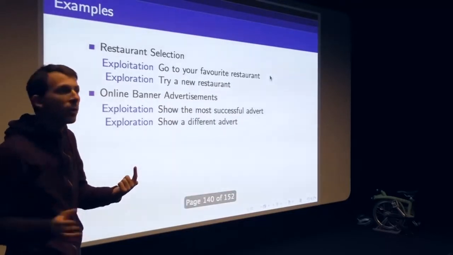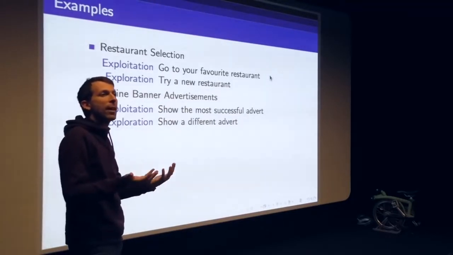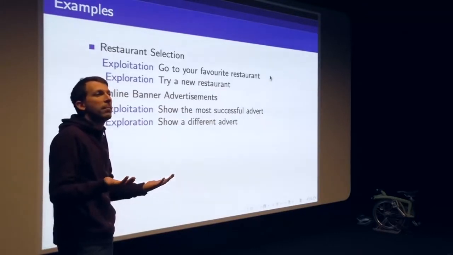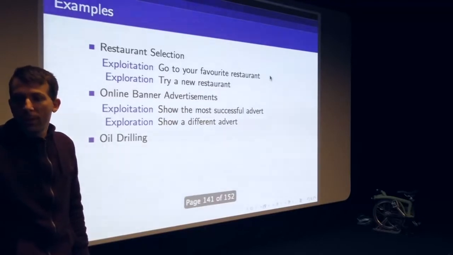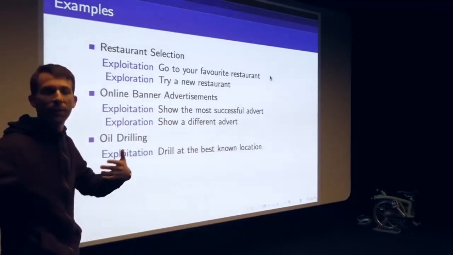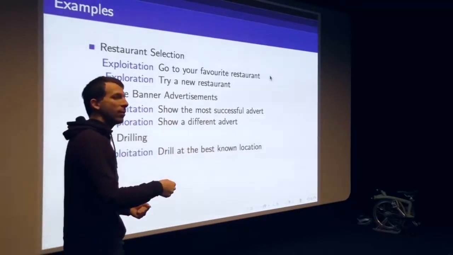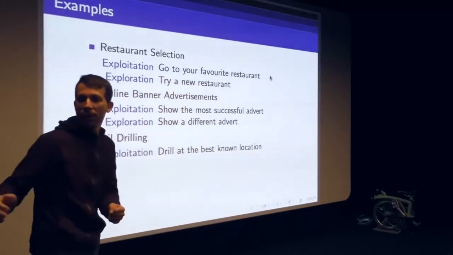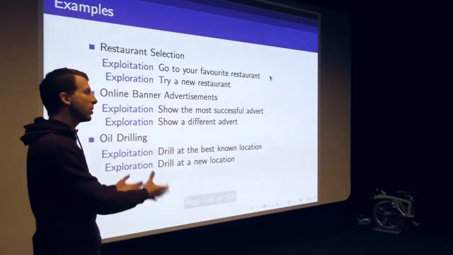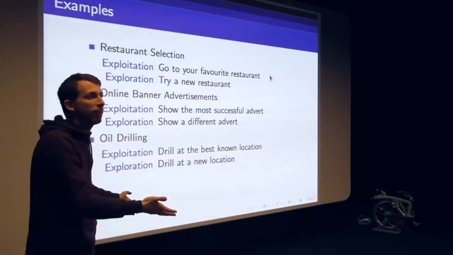But sometimes you also need to explore and show some different adverts that haven't been displayed before to see if people will click on them. Maybe those adverts will turn out to be better and make more income. Or oil drilling: you might want to drill at the best known location, so you know there's likely to be oil over here, so you keep drilling and drilling. But sometimes it might be a good idea to try some new location, drill down a bit, and see if there's oil there.